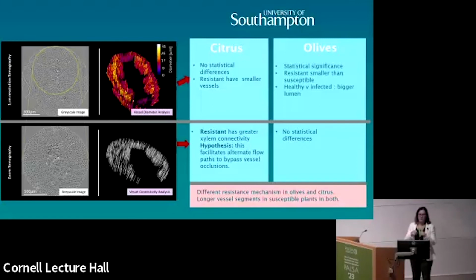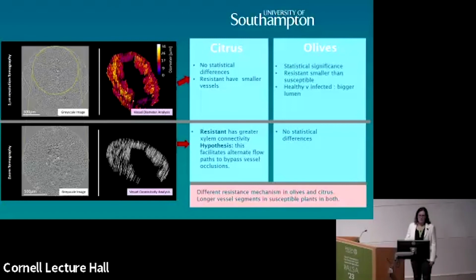So what this suggests is that the disease progression is different in citrus trees and olive trees, that in olives we can actually possibly breed for resistance by manipulating the xylem architecture. In citruses, the story is a little bit different and requires some other mechanism that provides resistance there.